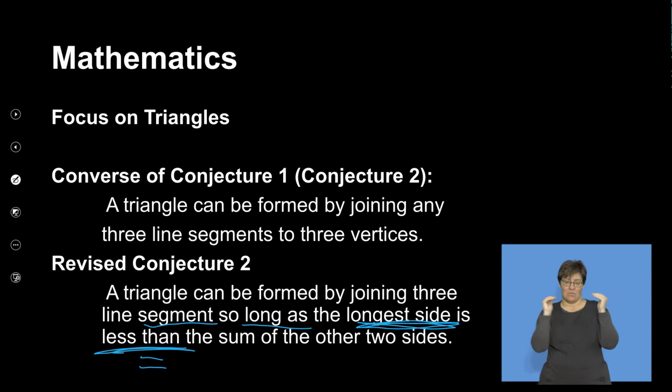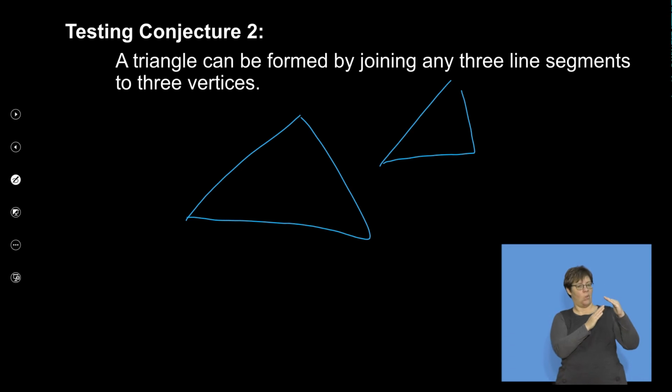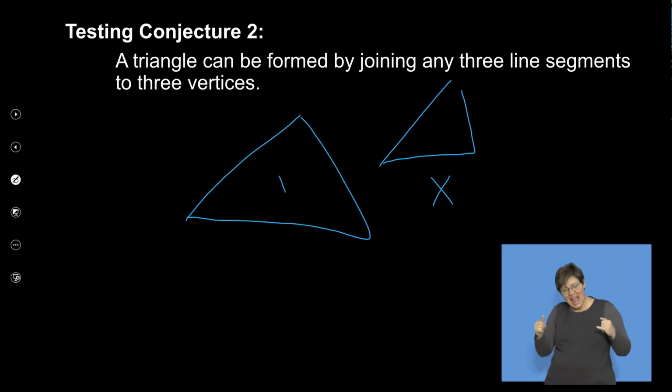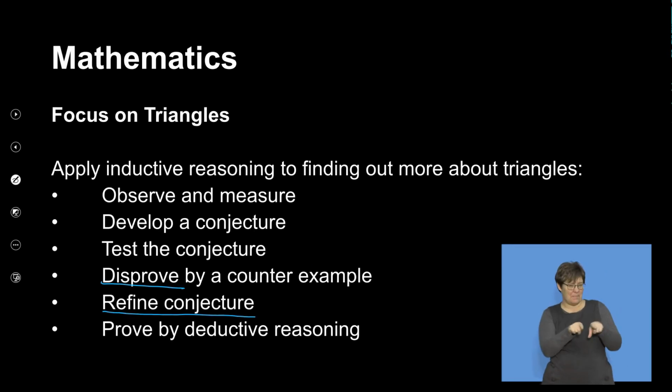That's the revised conjecture, based on us going back and saying this has been disproved because not all the line segments that we want to join give us a triangle. This one did not, but this one did. And with this one, what we found is the longer side must be equal to or less than the sum of the other 2 sides.